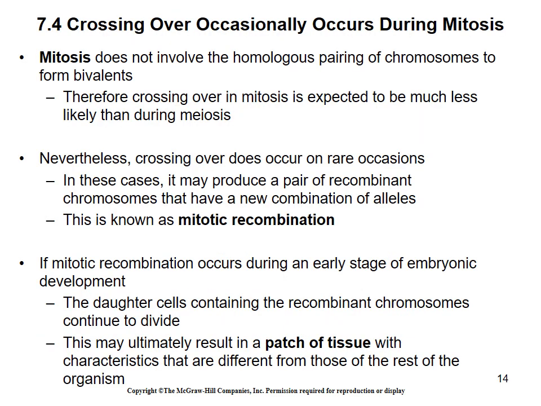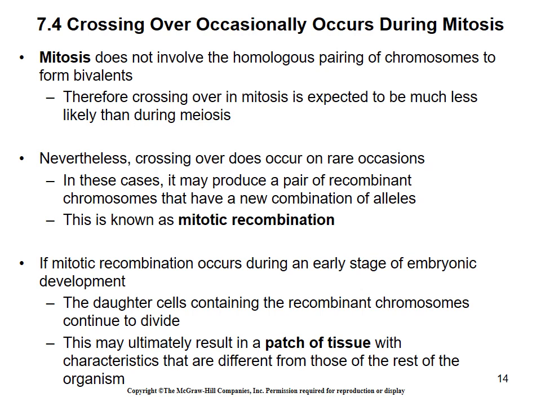Another thing that I want to bring up real quickly, and I had mentioned this very briefly in Unit 1, is that the whole event of crossing over can actually also occur during mitosis. It is obviously not as common. It is a relatively rare event.